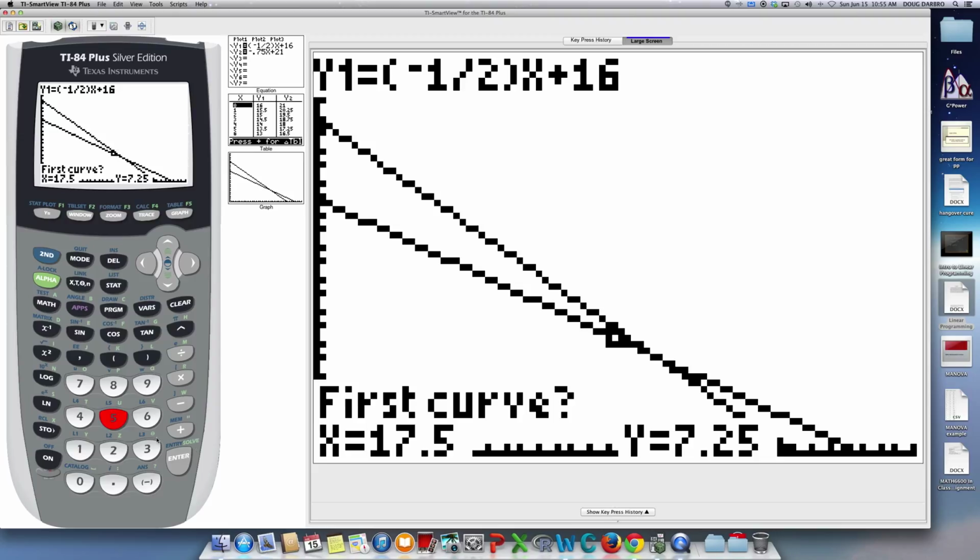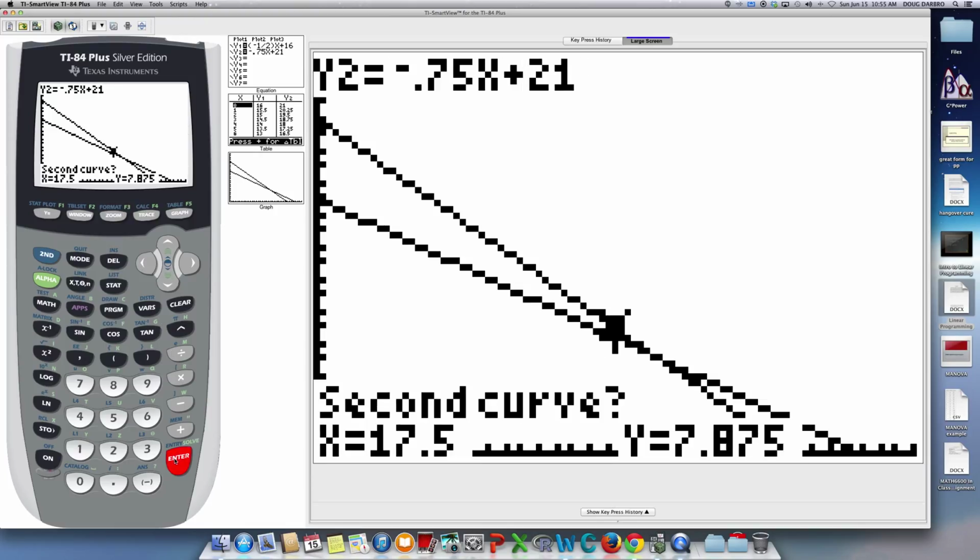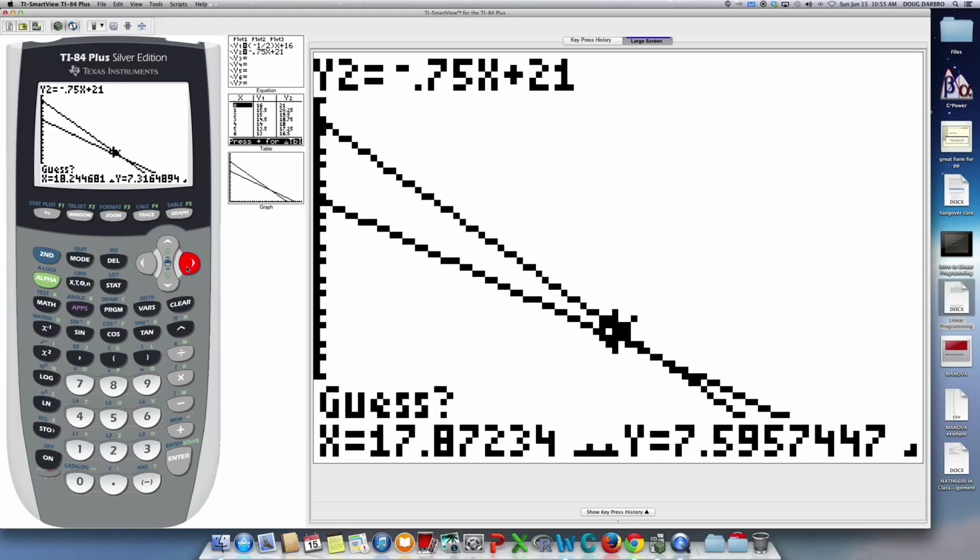Well, I've only got 2. Sometimes we'll have 3 constraints, and we're going to have to tell the computer which 2 lines we're choosing, but for right now we don't have to worry about that. So I'm just going to hit enter. It'll say, what's your second curve? Well, it's the only other one, so I'm going to hit enter. The next thing it's going to do is ask us to guess. Now, when you've only got 2 lines, it doesn't matter.